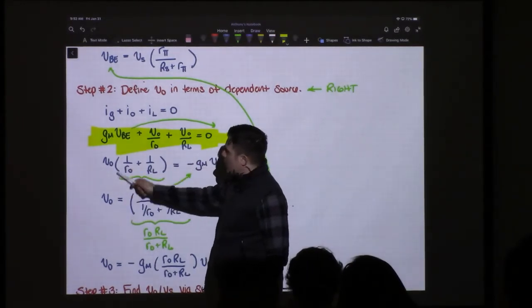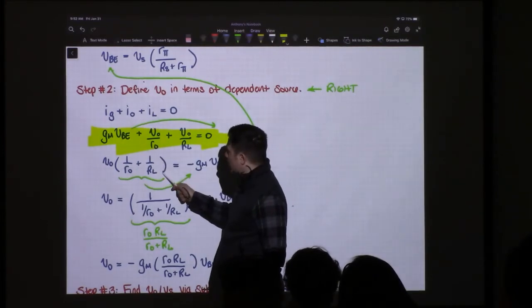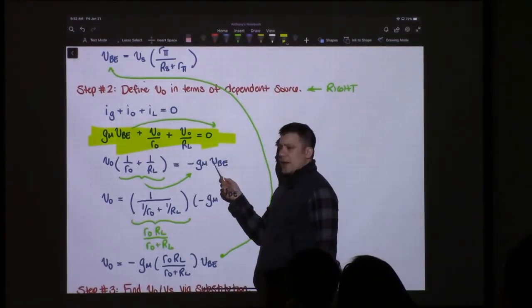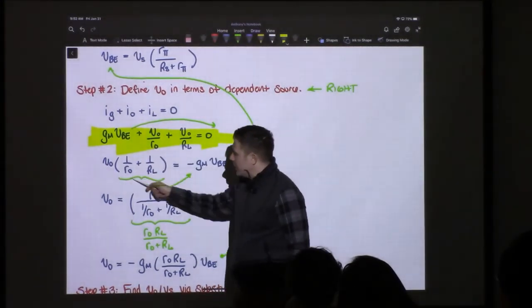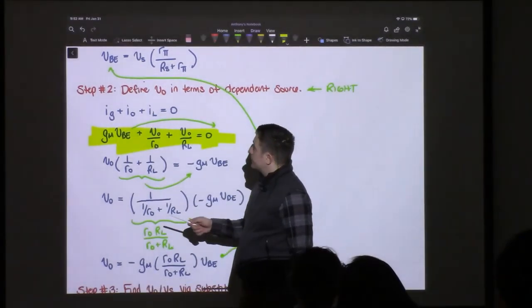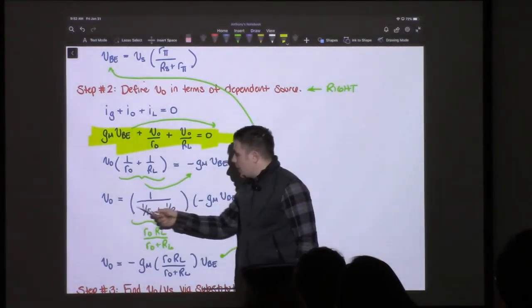So we have VO times 1 over RL plus 1 over RO plus 1 over RL. I took this piece and moved it over to the other side, which leaves us negative GM VBE. Then I take this piece and move it over to the other side by dividing. And so we end up with this expression here.